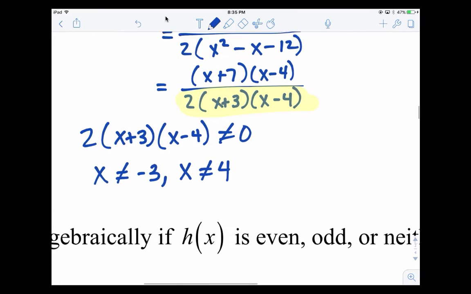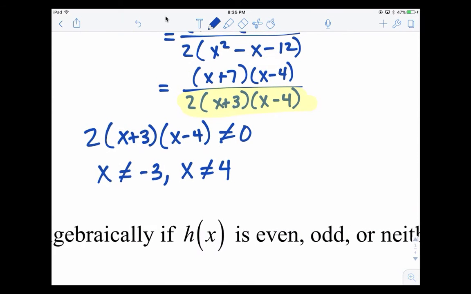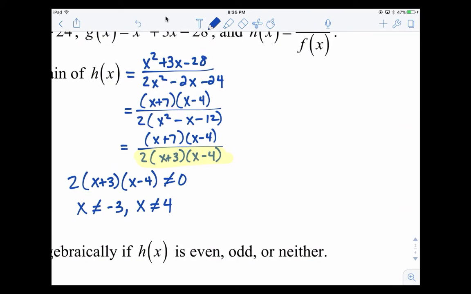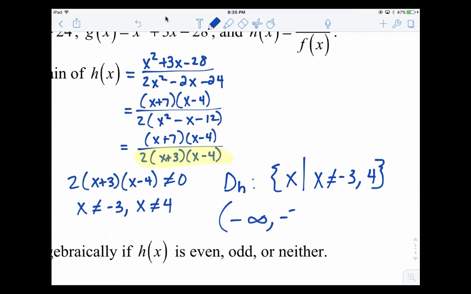From there you just have to write it. You can write it either in set notation or interval notation. So the domain of h would be all real numbers except x can't be negative 3 or 4. Or you can do it in interval notation.